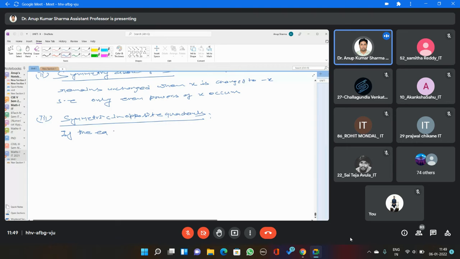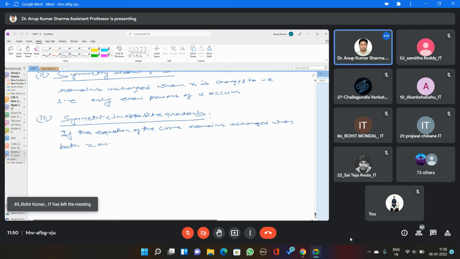If the equation of the curve remains unchanged when both x and y are changed to minus x and minus y respectively.